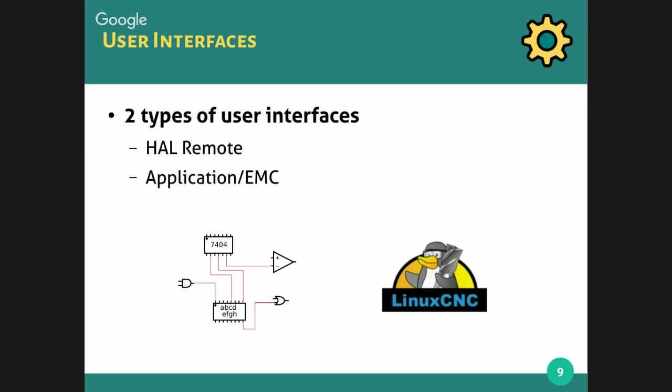So typically two types of applications, HAL remote or application. In the future, we maybe get everything in the HAL remote type of application. But currently, when you want to design a CNC user interface, you need the traditional MK wrapper client, basically.